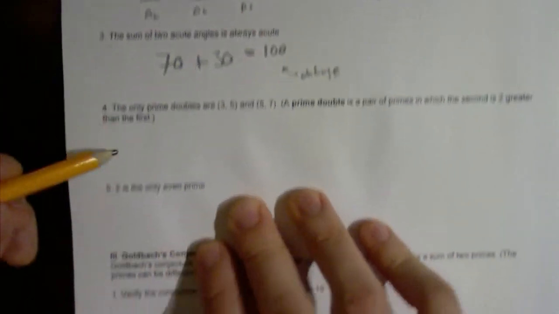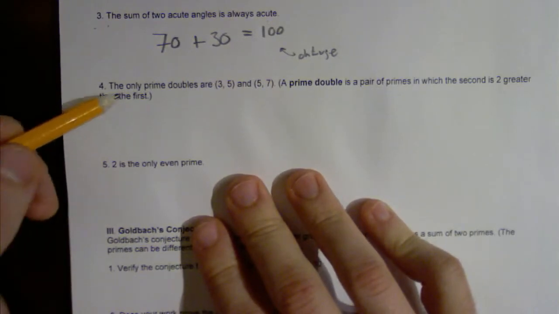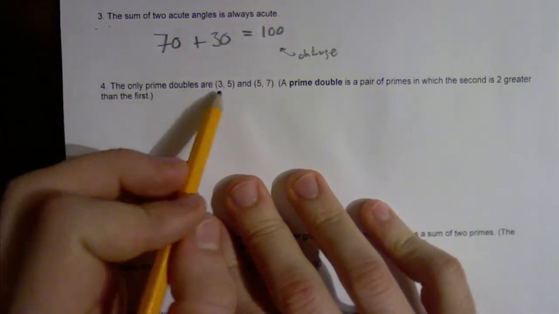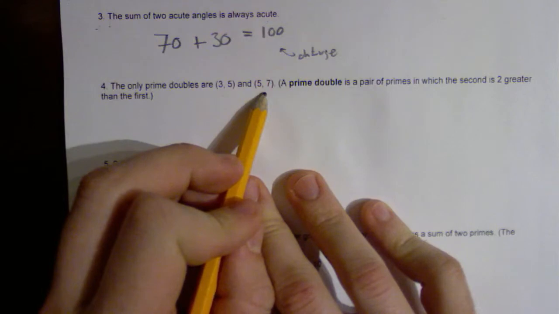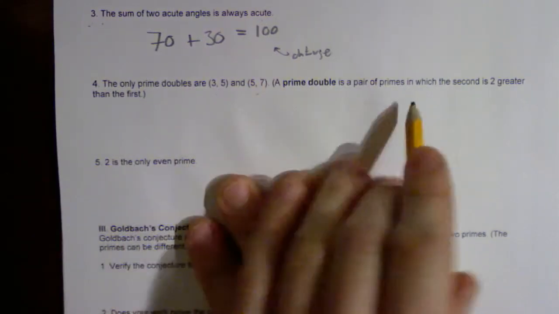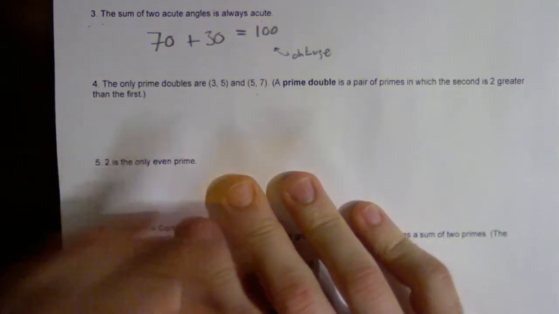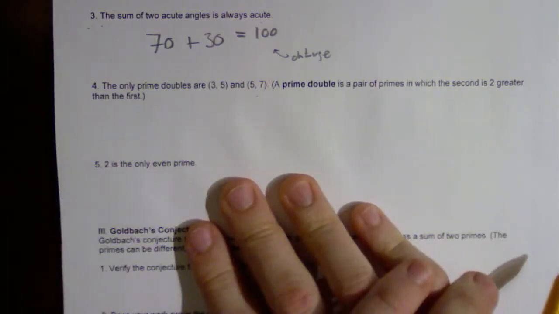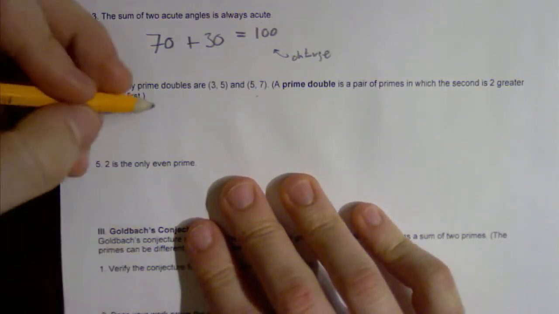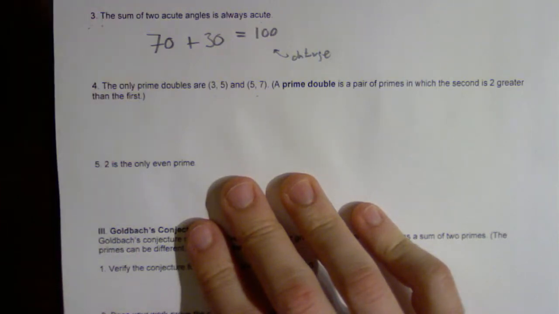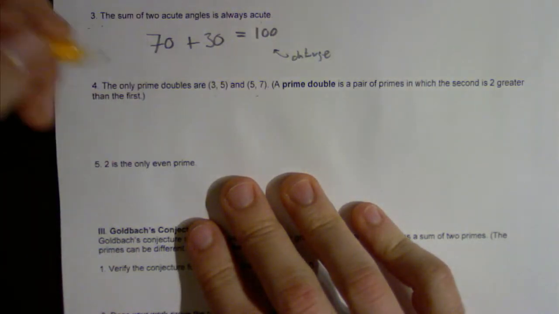Let's go through two more. The only prime doubles are 3, 5, and 5, 7. By the way, a prime double is a pair of primes where the second prime is 2 greater than the first. If you forget what a prime number is, it's a number that is only divisible by itself or the number 1.